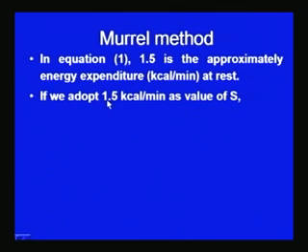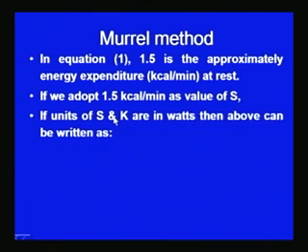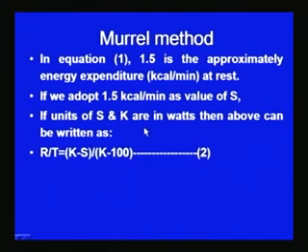If we adopt 1.5 kilocalorie per minute as the value of S, and the units of S and K are put in watts, then the said equation can be written as follows.